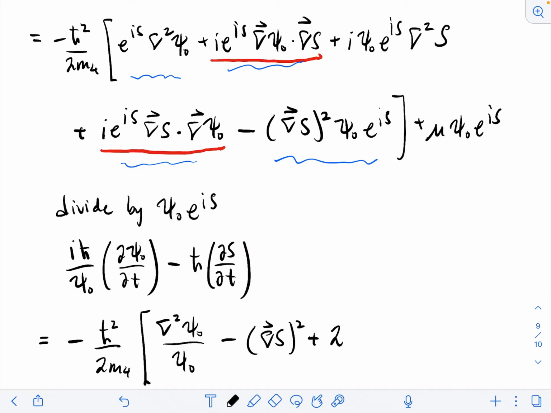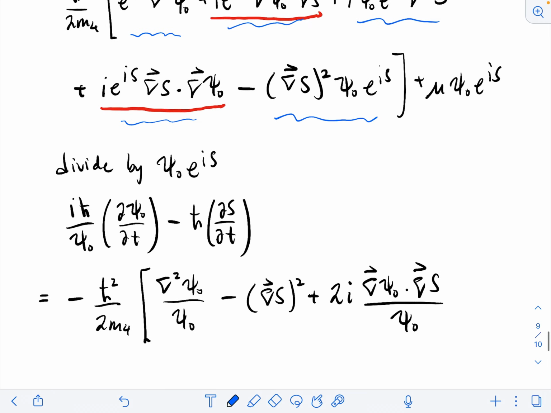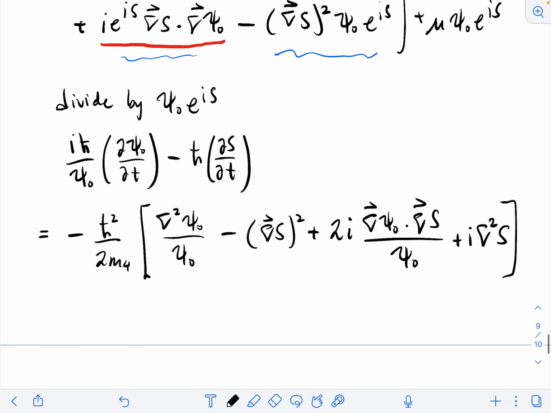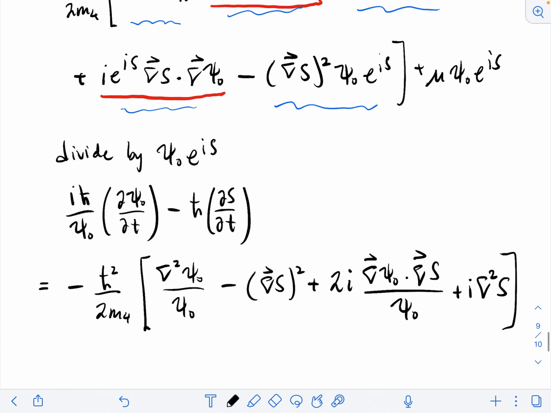There's an i, and then there's the gradient of phi 0 dotted with the gradient of s. And then we still have the amplitude of the wave function that we divide by. Okay, and so that leaves only one more term inside these brackets here. The wave function part cancels, and we just have i del squared s. And so we end up with a plus i del squared s. And finally, let's not forget the fact that we have the chemical potential times the wave function, but we're dividing by the wave function. So we just get a plus mu.